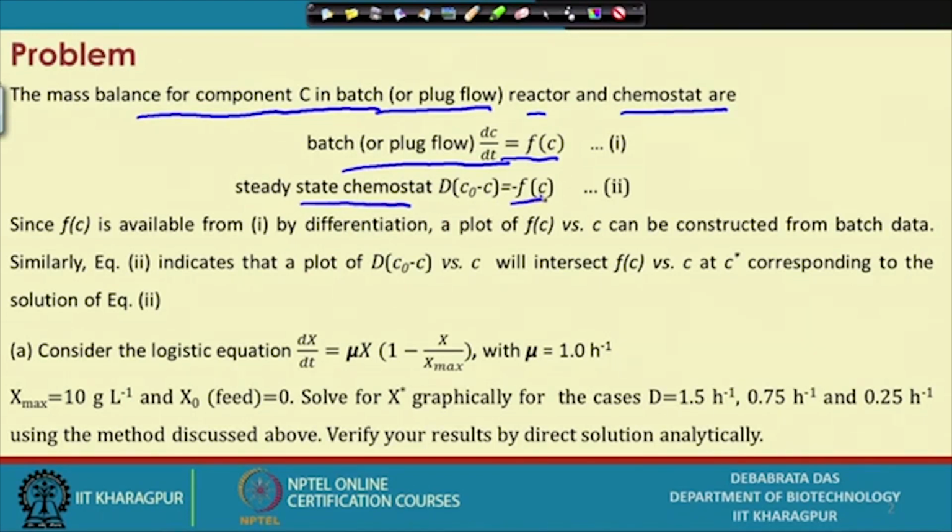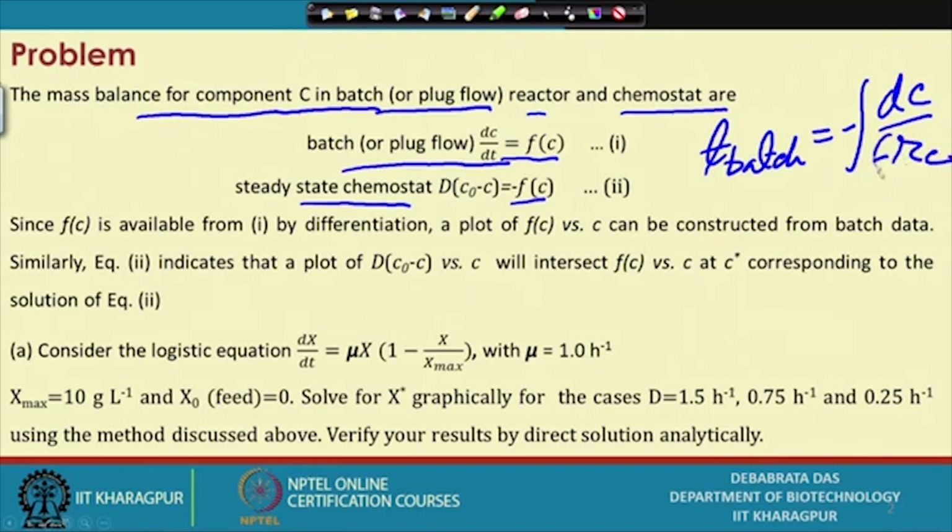In the case of batch, t batch equals minus dC by minus rC.